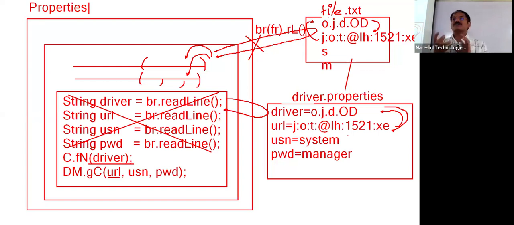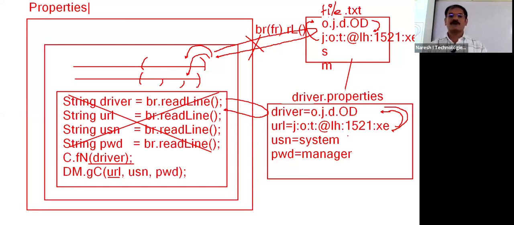A kind of configuration values with name mapping, if you want to store, then we go for the Properties object. Is it clear?